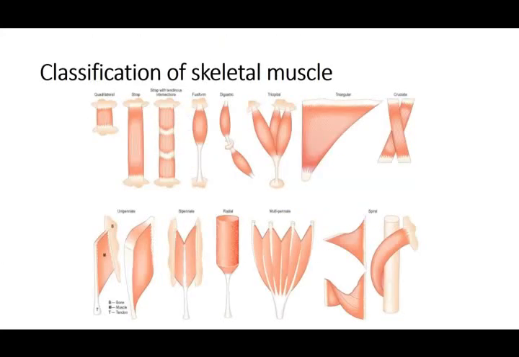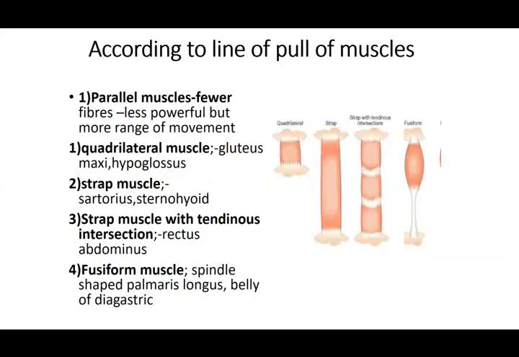If you see this, there are different types of muscles according to the shape and according to the attachment. Line of pull, you can see they are parallel muscle fibers. The shape can be quadrilateral, then it can be strap-like, then this strap with tendinous intersections, that is the interruption, and then this fusiform. But the direction of the fibers is in one direction.